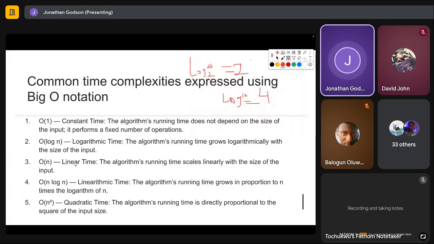So for linear time, it talks about the running time scaling linearly.